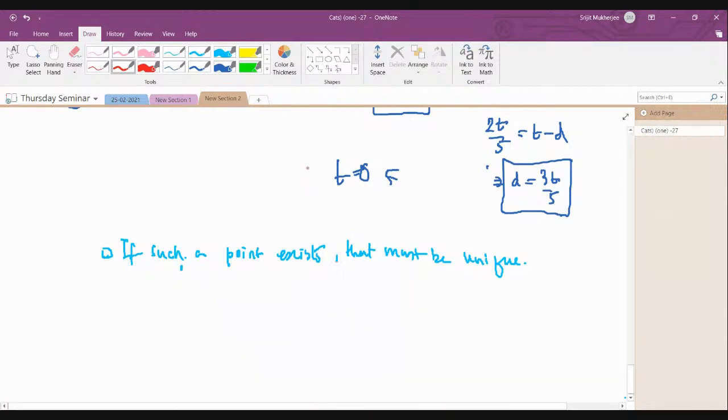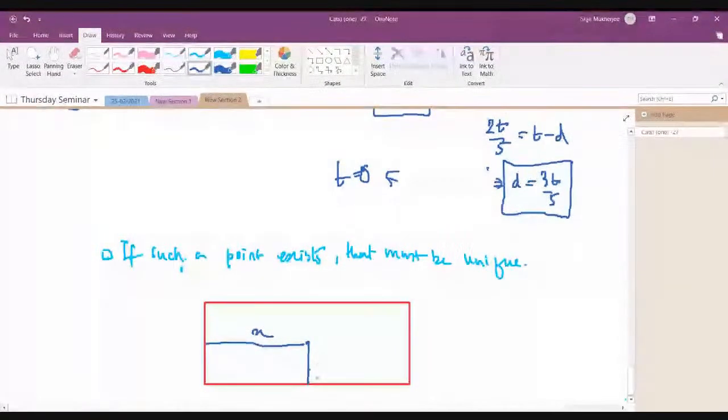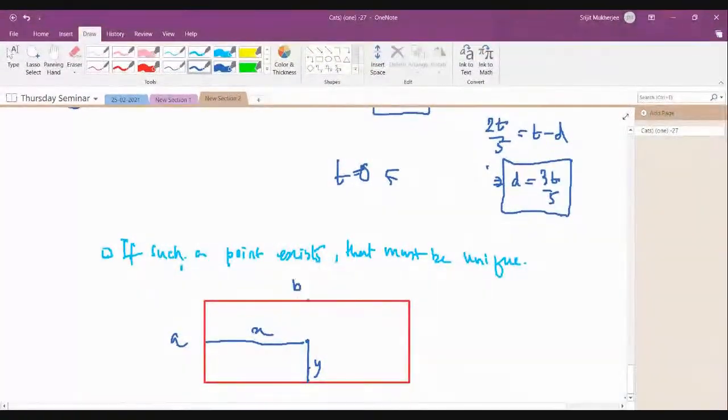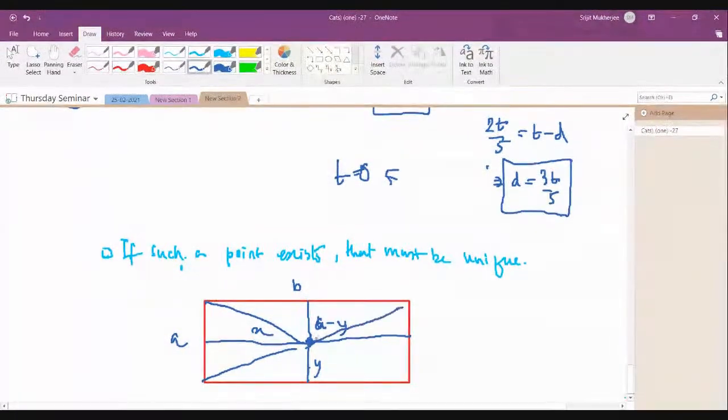Let's see first if it exists for a rectangle. Let's say this height is x, this is x, and this height is y. This side is a, say this side is b. So this is b minus y, a minus y. I think it exists for a rectangle, or maybe not. I don't know.